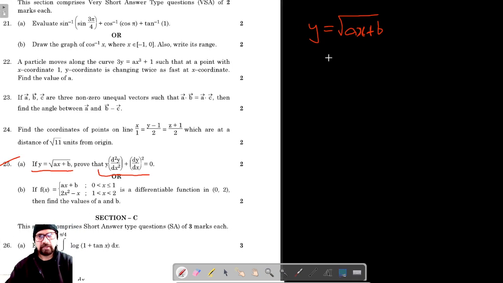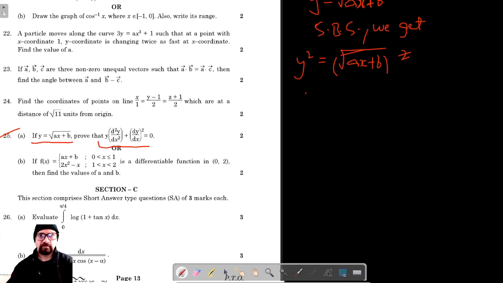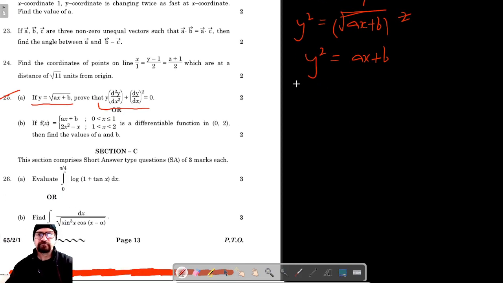Okay, so this is our function, and to eliminate the root, we can square on both sides. Squaring both sides gives us y square on the left, and on the right, y square is equal to ax plus b.